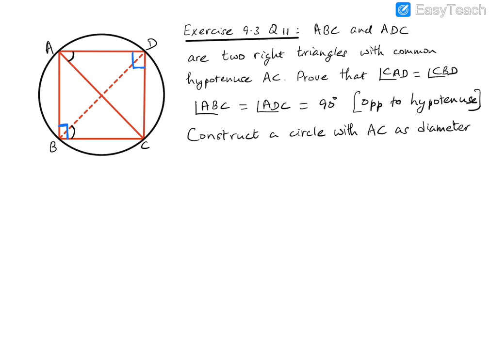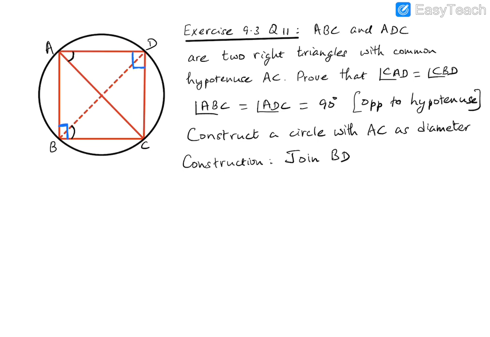Next, we will join BD. So the next construction is to join the points B and D, which is shown by the dotted line over here. And now we have to show that the angles CBD and CAD are equal to each other. So how can we show that?